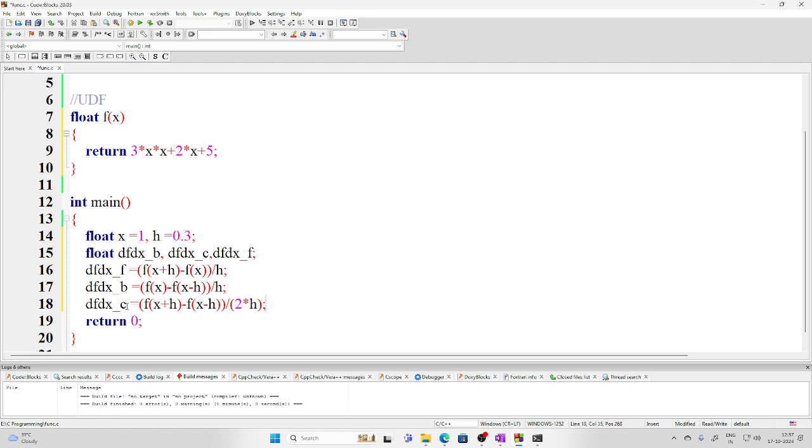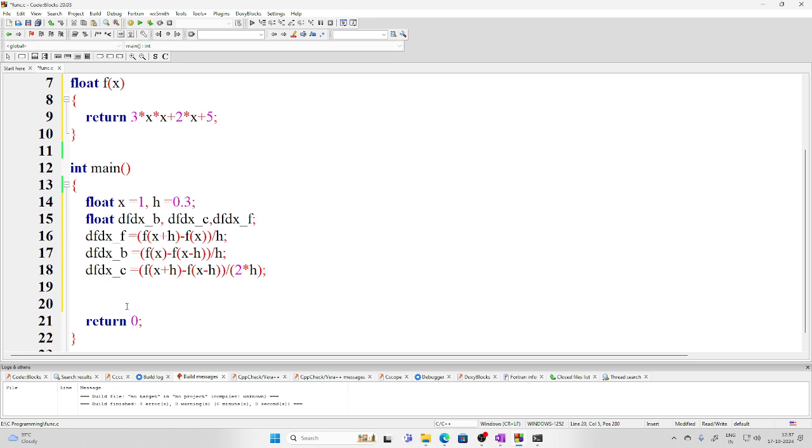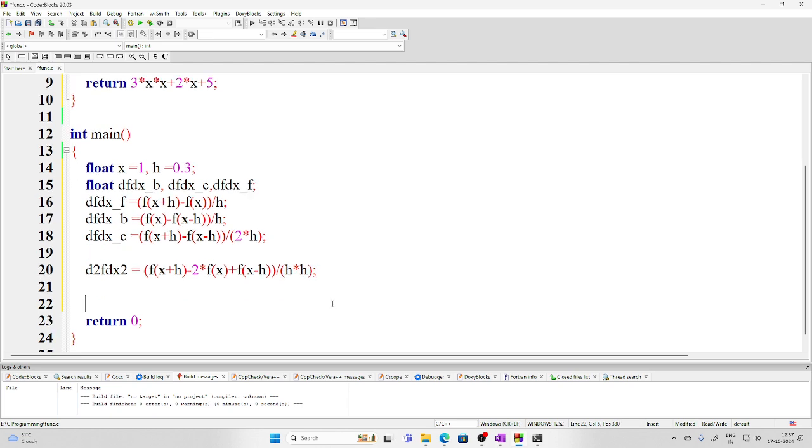And then comes the second derivative. Let us also write the second derivative. So d2f dx2 is equal to, let me copy this one, f(x plus h) minus 2f(x) plus f(x minus h) by h square. Okay, and then finally print them out.